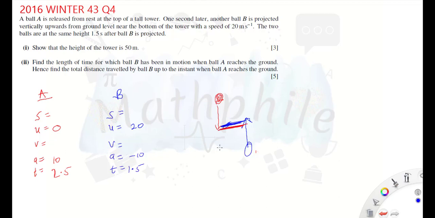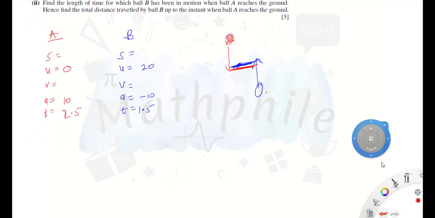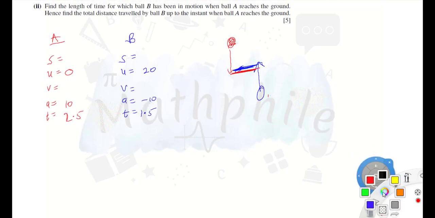Do the manipulation for me. Calculate for S in both cases, because we're looking for this. You can use S equals UT plus half AT squared.